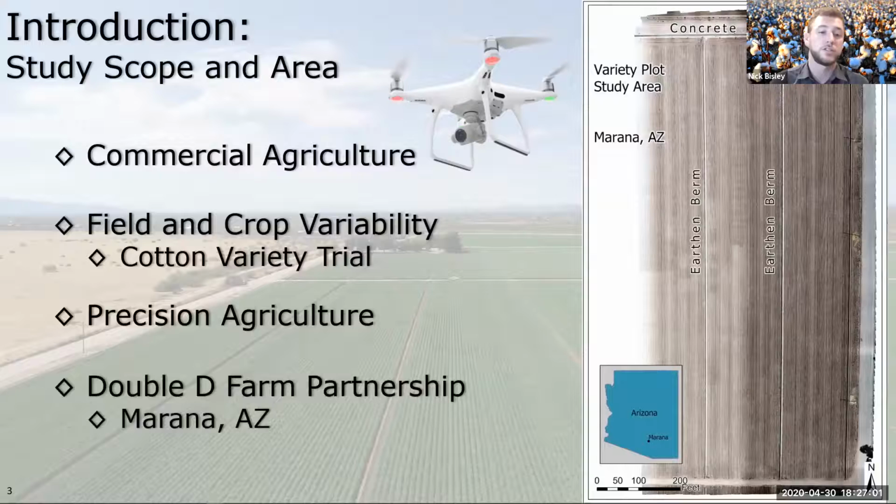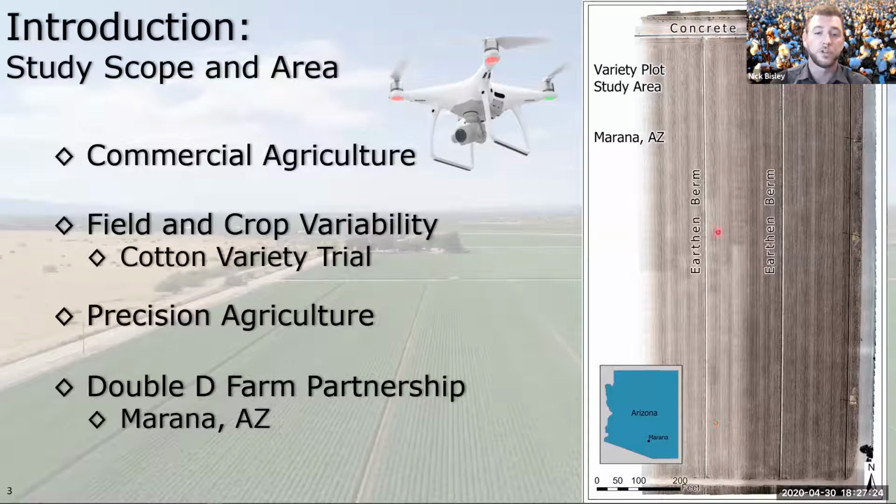So this whole study takes place on the Double D Farm Partnership in Marana, Arizona. It's Mr. and Mrs. Dean. You can see the field there. It's approximately 12 acres. It's a flood irrigation field, so the water would enter through the concrete furrow here at the top and then flood down south through the field.